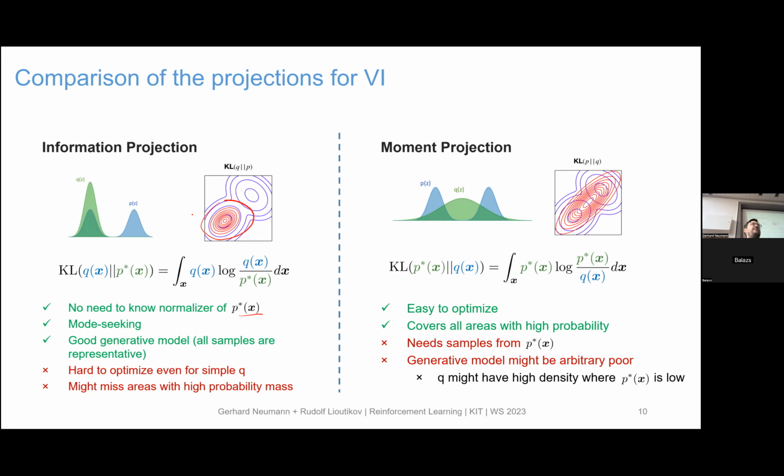It's a good generative model because the samples that we would generate are all basically in spaces where P star also has high probability. But it's hard to optimize even for simple Qs. So even for a Gaussian distribution, which is the most simple thing we know in continuous spaces, isn't it? There is no closed form solution, and we have to do some non-convex optimization.